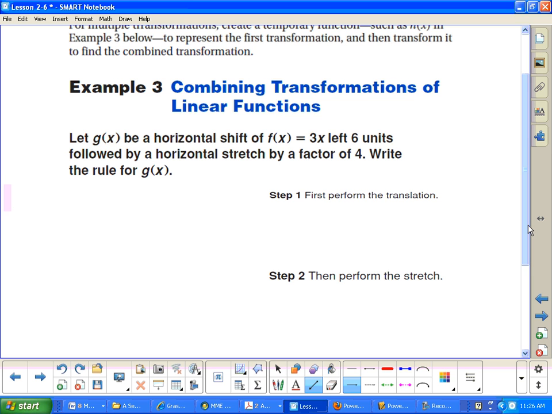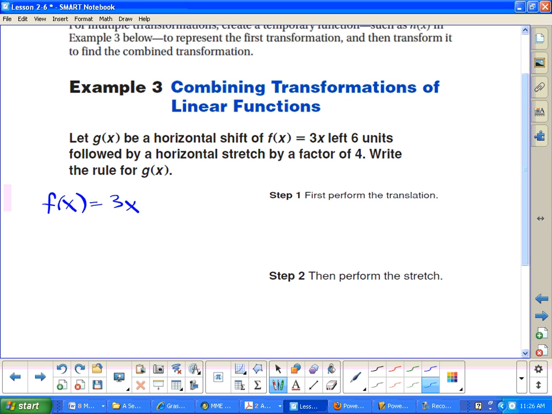And then find the new rule. So we start with f of x equals 3x, and we're going to go to the left 6 units. Is that A, B, H, or K?